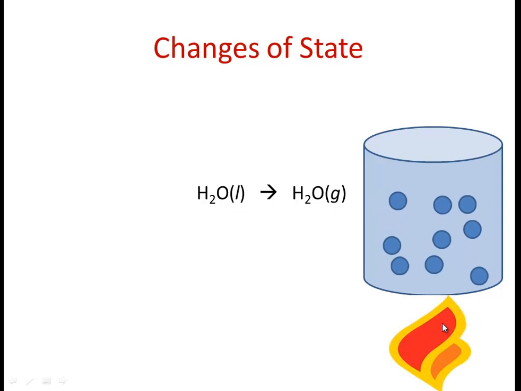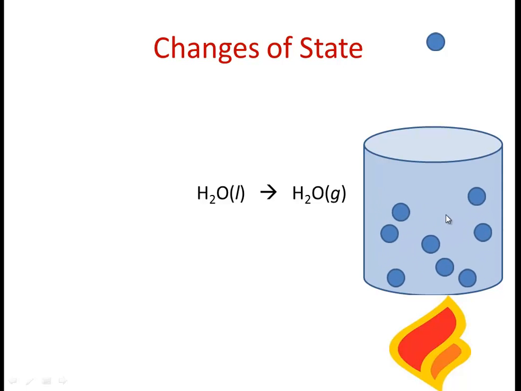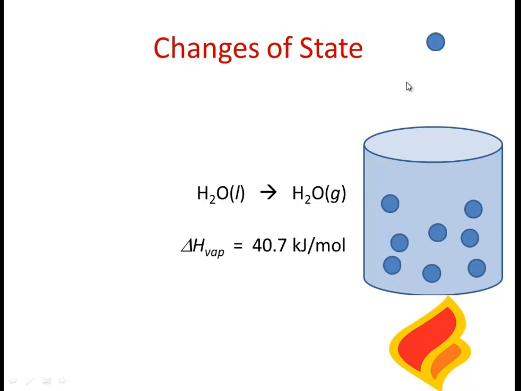So we're adding a lot of heat to try to get it to boil, and when it's boiling, this is what's happening. We are taking molecules from the liquid phase, and they're breaking free of the intermolecular interactions, and they're going up into the gas phase where they're absolutely alone. And that takes a lot of energy. It takes a lot more energy than it does just to melt something generally.